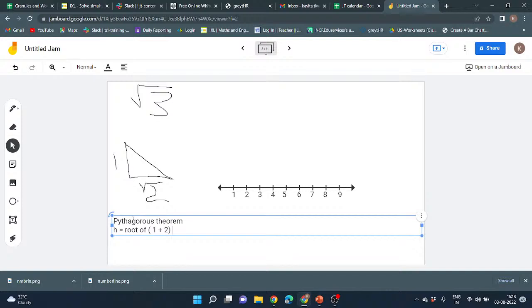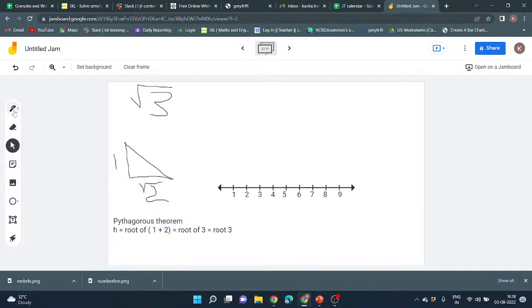So the hypotenuse is root of 3, which is root 3. In this way we can locate any irrational number on a number line.